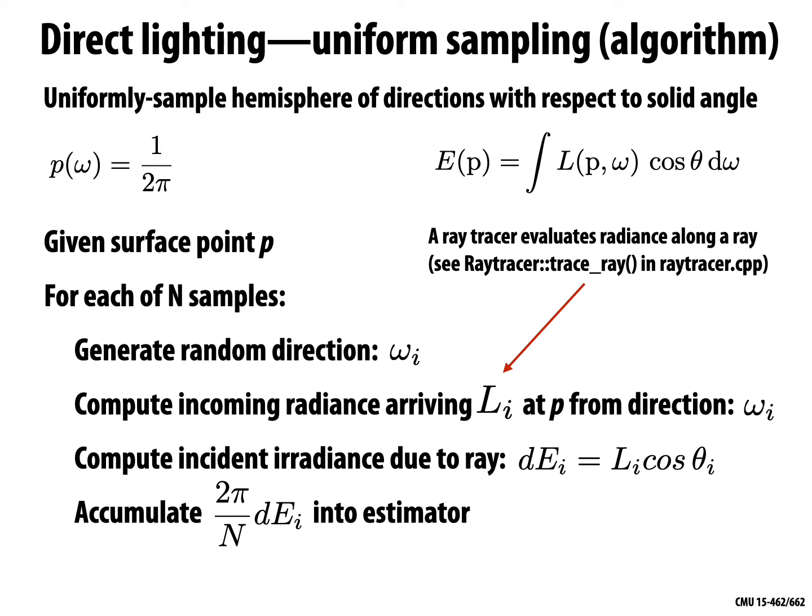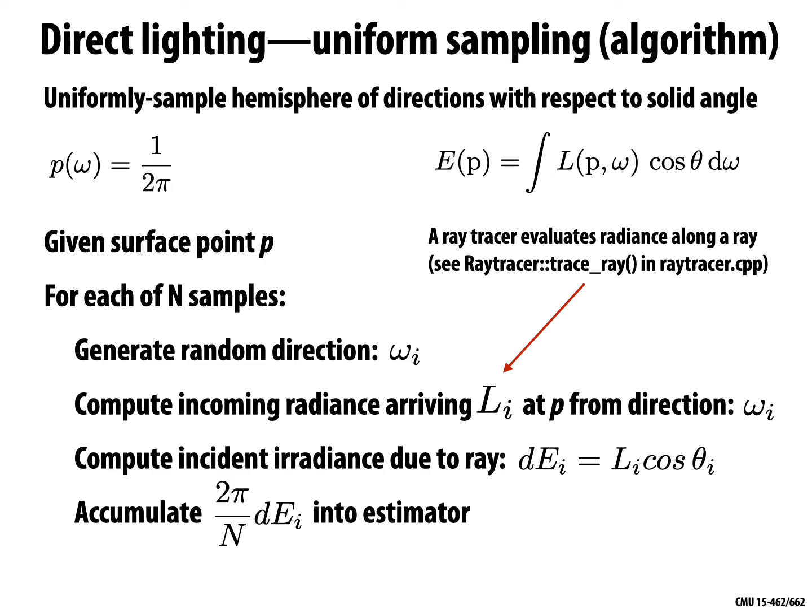We compute the incoming radiance, L sub i, at our point p from the direction omega i. So basically, we make a call to our ray tracer, which shoots out a ray and sees, does it hit the occluder before it hits the light source? There we can plug into our whole bounding volume hierarchy and all the stuff we talked about when we talked about geometric queries.